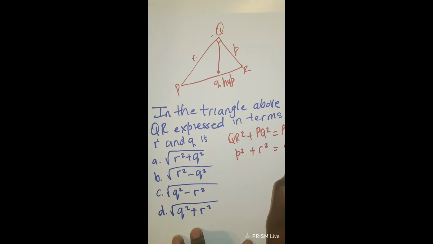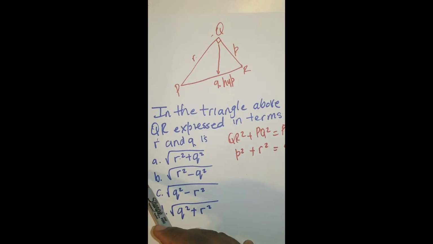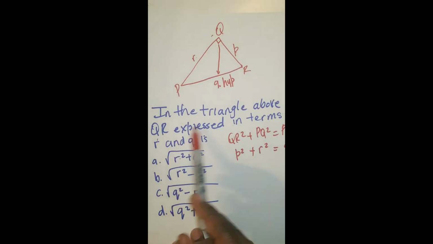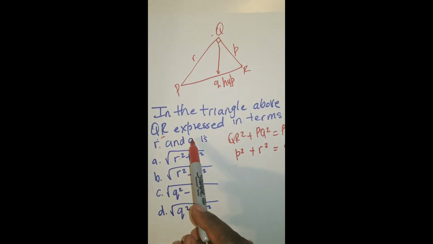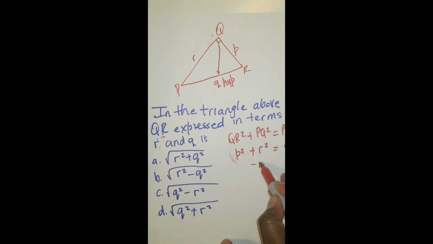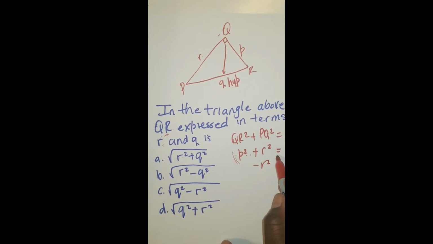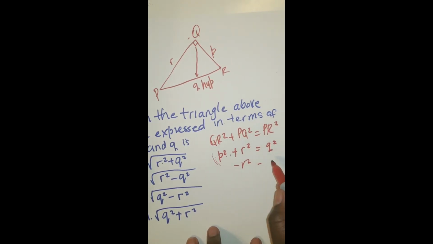That is Q squared. So they're asking you QR, so basically solve for P. You want to find QR in terms of R and Q, which is basically P. So to find P, you're going to subtract R squared from both sides. So that cancels.